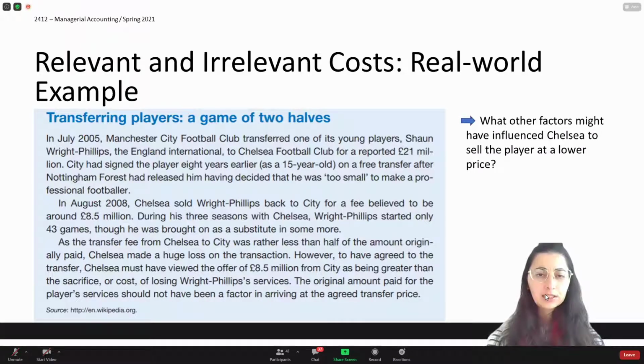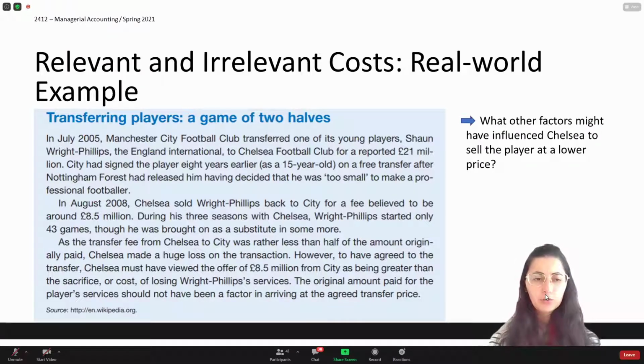During these 3 seasons with Chelsea, Wright-Phillips started only 43 games, though he was brought on as a substitute in some more. As the transfer fee from Chelsea to City was rather less than half of the amount originally paid, Chelsea made a huge loss on the transaction.